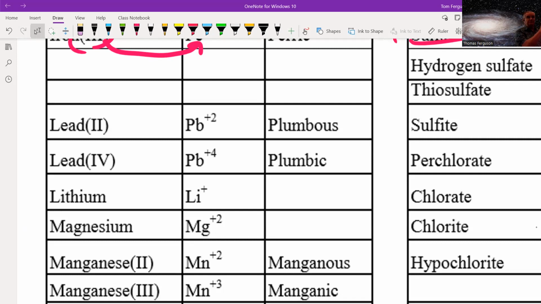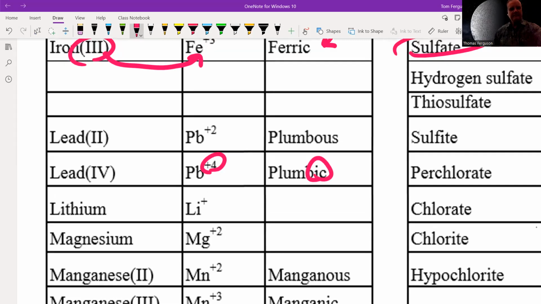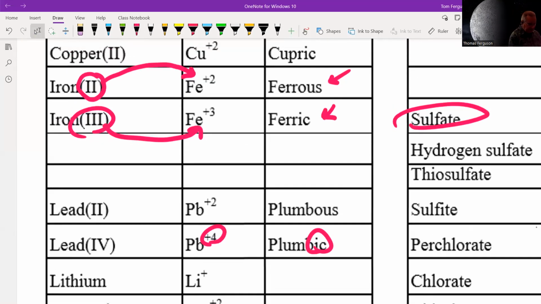Not necessarily 2, it could be a 1. And this inconsistency, because here the ic refers to positive 4, where up here, the ic refers to positive 3. So it's not consistent.